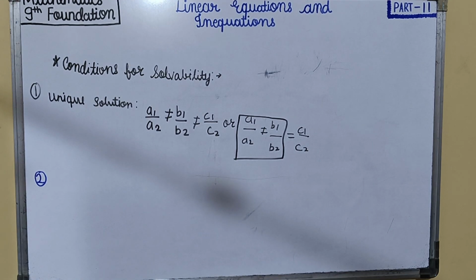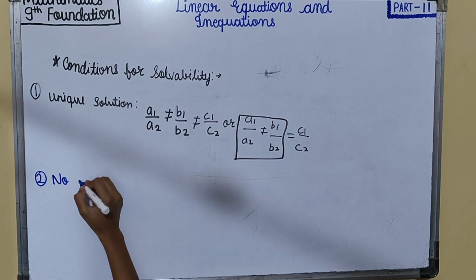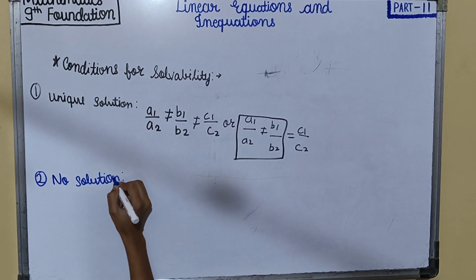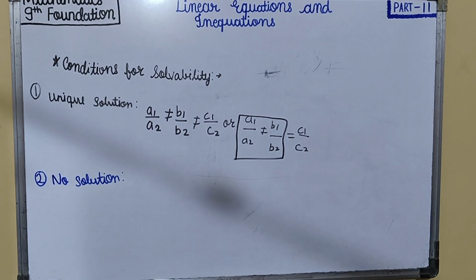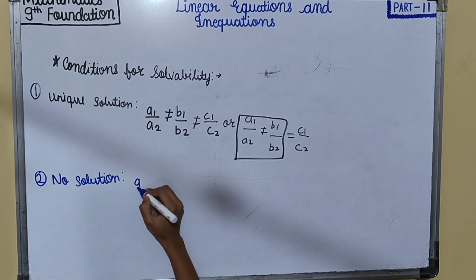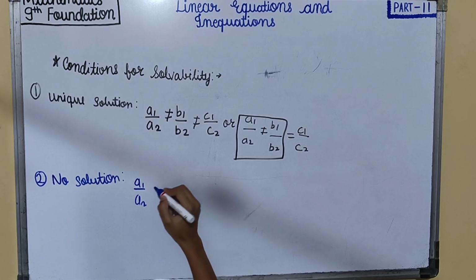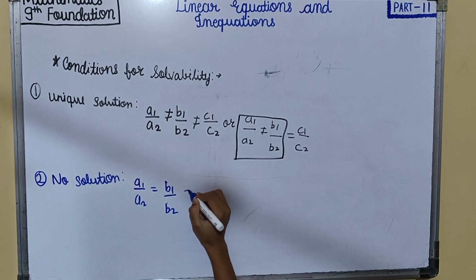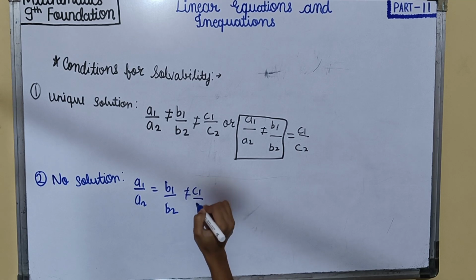Second is no solution. For no solution, a1 upon a2 is equal to b1 upon b2, which is not equal to c1 upon c2.